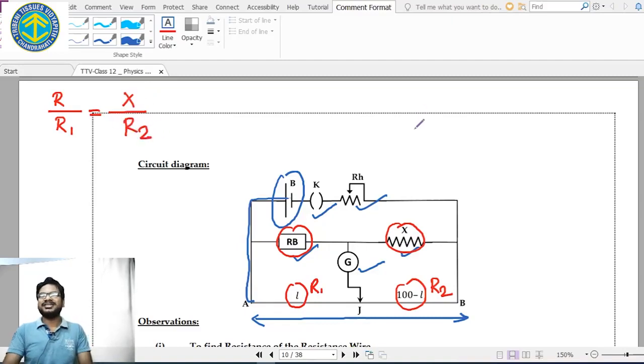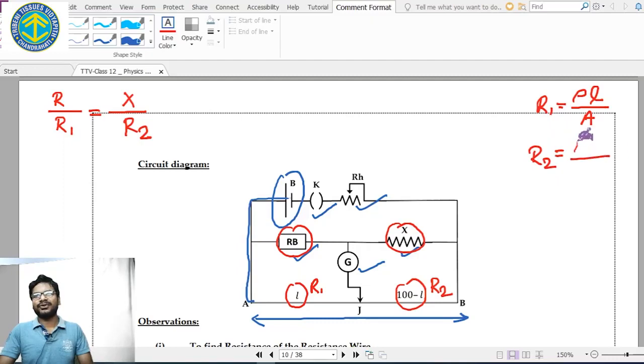Now what is the value of R1? If the resistivity of this wire, as I said we are using a simple wire AB, is rho, then we can write R1 equal to rho L by A. And R2 equals rho into 100 minus L by A. So we have to find out R2 by R1.